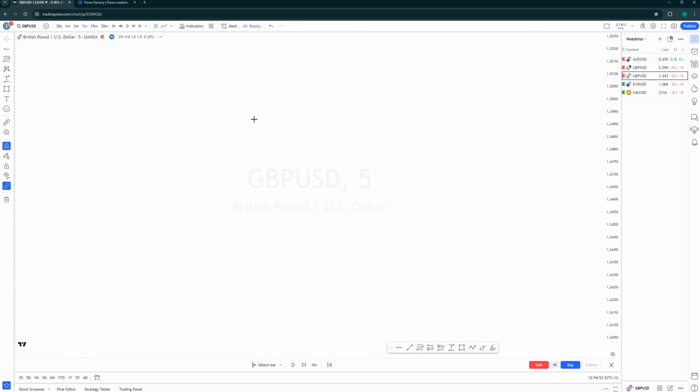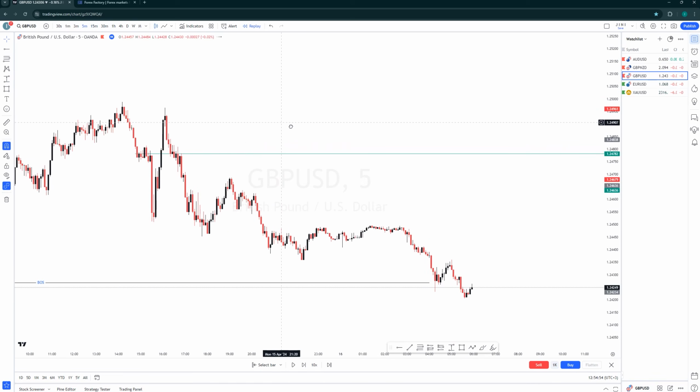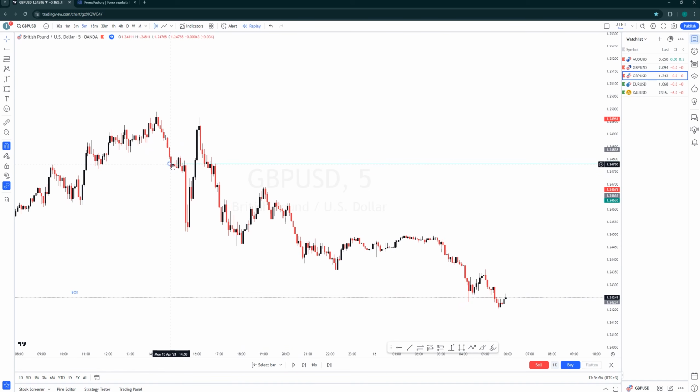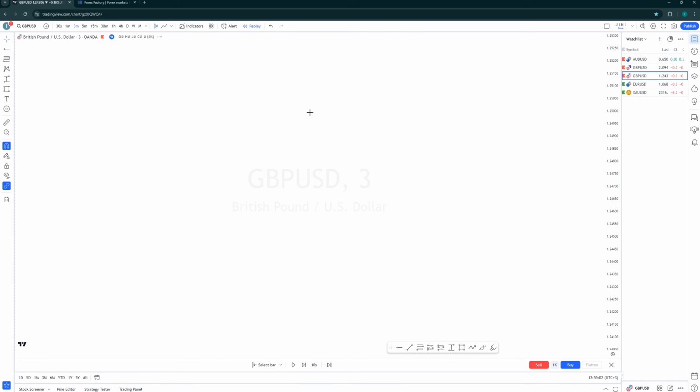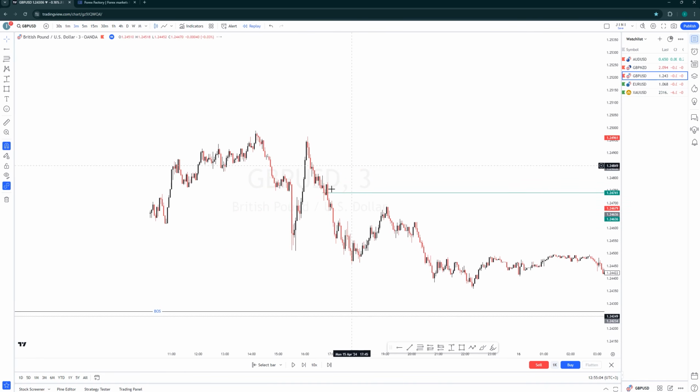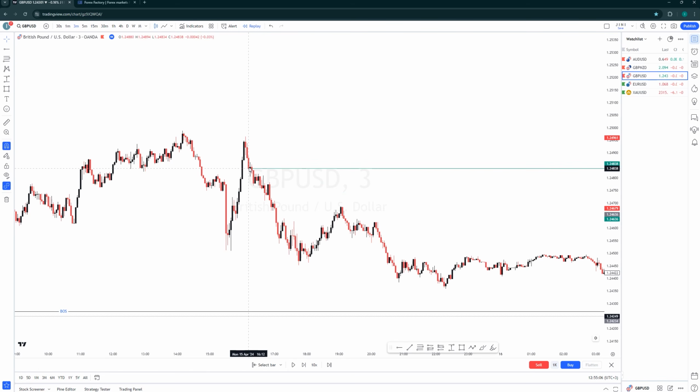So we can just go back to the 5 minutes maybe to see if we can find another one. But you can see you have this one, and this is not yet consumed. Let's see 3 minutes. In the 3 minutes, you can see you have this inside formation here, which is not yet consumed, and that formation gives you the lowest risk, only 12 pips.